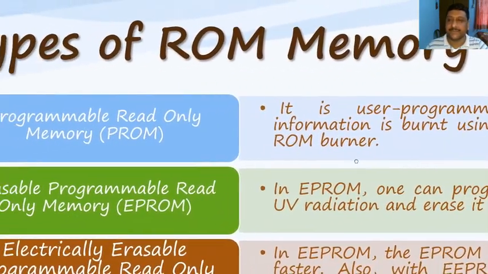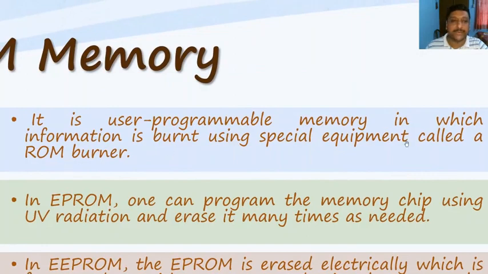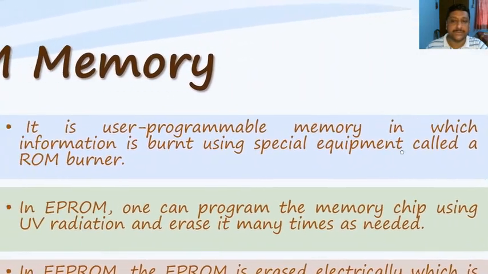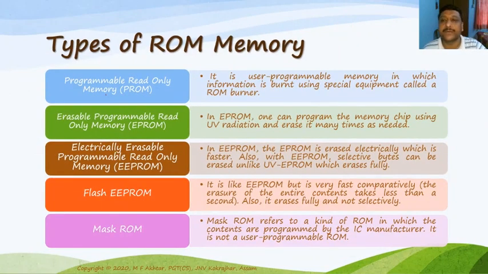See, first, programmable read-only memory. It is user programmable memory in which information is burned using a special equipment called ROM burner. Burned means once it is written, then we cannot change data in the ROM.